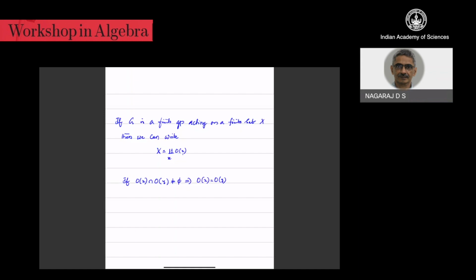This is easy to prove from the fact that I have mentioned earlier, that if you take any element in O_x, its orbit is the same as that of x.